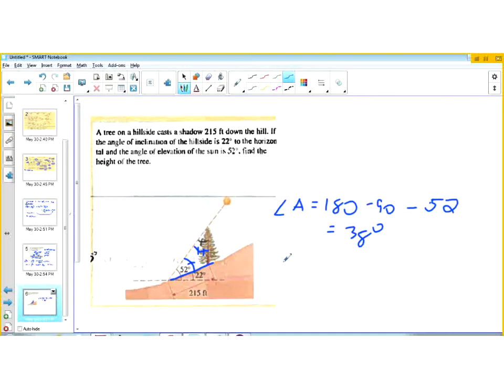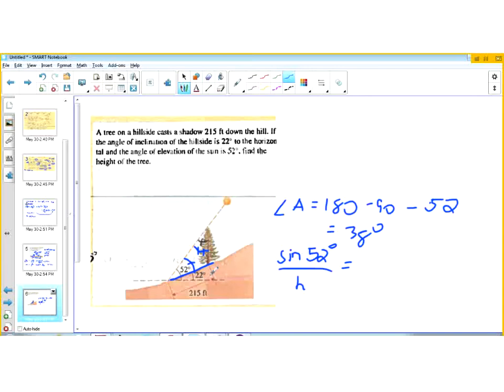So we have the sine of 52 degrees over h is equal to the sine of 38 degrees. Wait, is that the right angle?